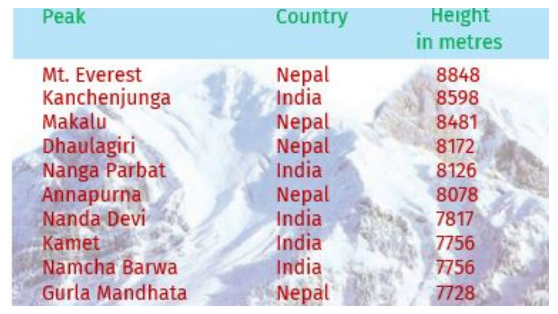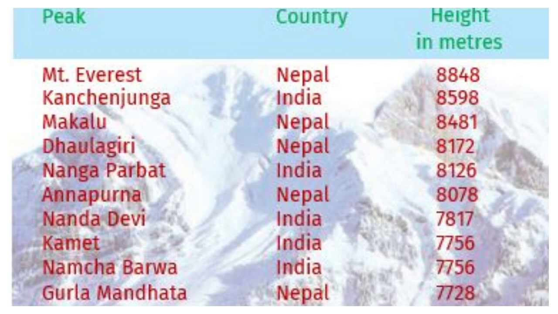Makalu, in Nepal, 8,481. Dhaulagiri, in Nepal, 8,172. Nanga Parbat, in India, 8,126. Annapurna, in Nepal, 8,078 height in meters.